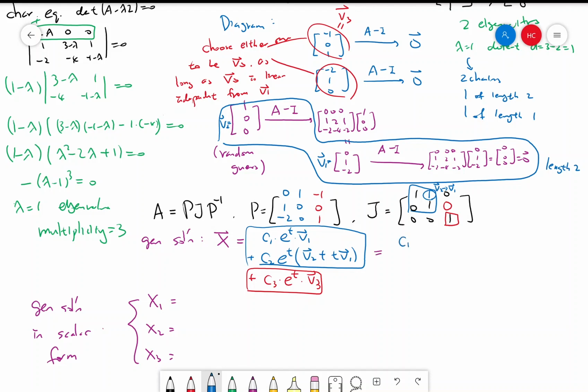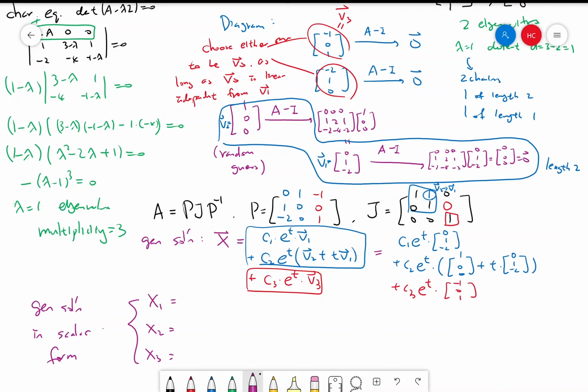C1 e to the t times V1, which is 0, 1, negative 2, plus C2 e to the t times (V2, which is 1, 0, 0, plus t times V1, which is 0, 1, negative 2), and plus C3 e to the t times V3, which is negative 1, 0, 1.